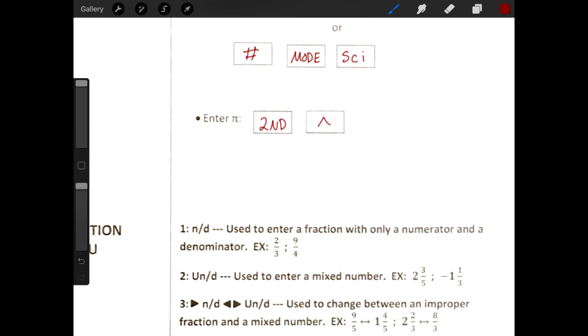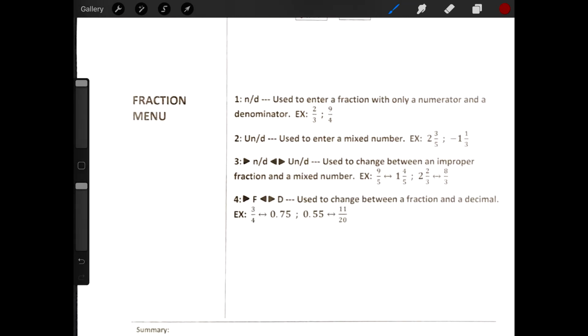Okay. So for the fraction menu, when you hit alpha and y equals, when you hit the fraction menu, 4 things are going to come up.